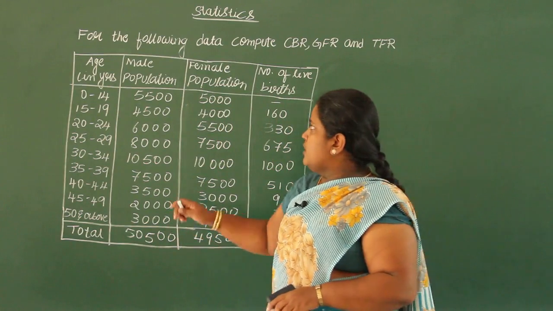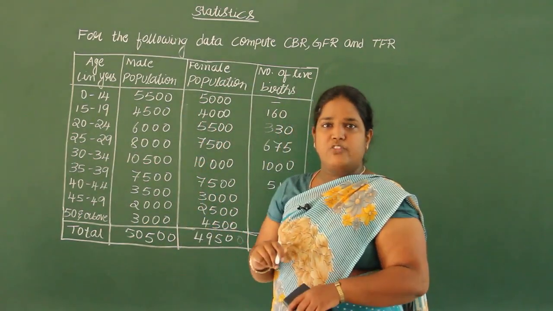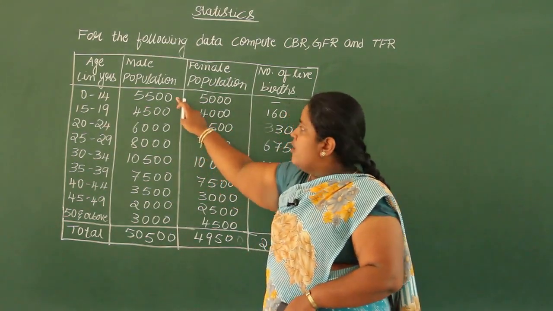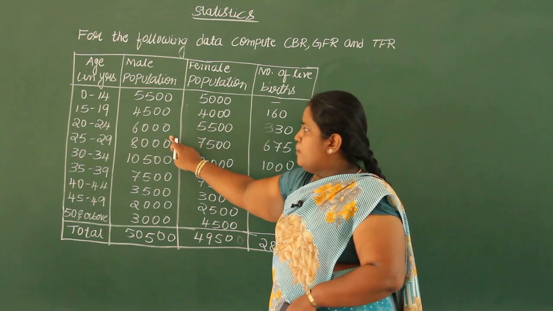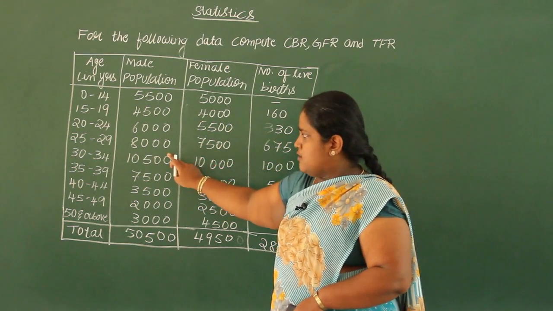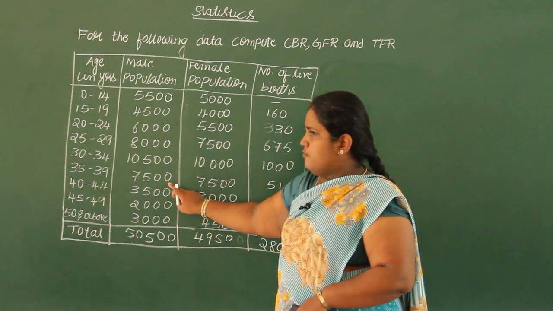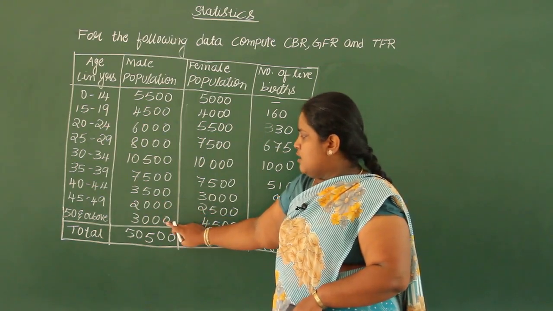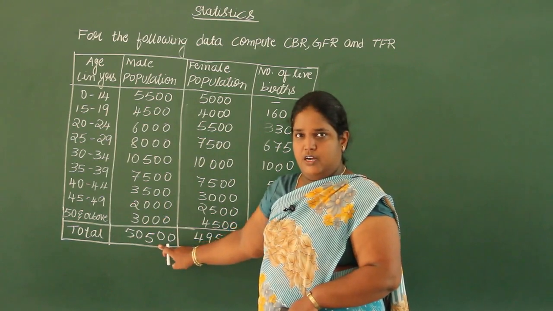For the crude birth rate, you need the total of the male population irrespective of the age group. So for the male population you have to add 5,500 plus 4,500 plus 6,000 plus 8,000 plus 10,500 plus 7,500 plus 3,500 plus 2,000 plus 3,000. We'll get 50,500.